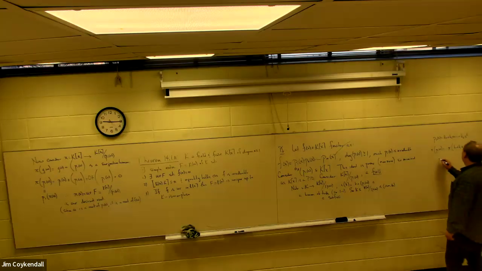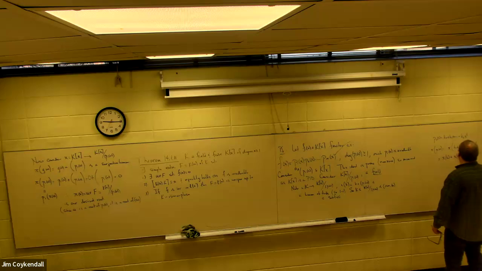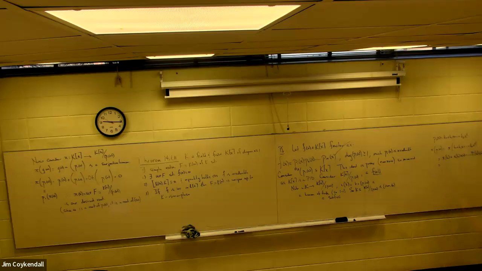And so this is pi(k0) plus pi(k1) pi(x) plus pi(kt) pi(x)^t, right? But the way this homomorphism works, it's the identity on the field.